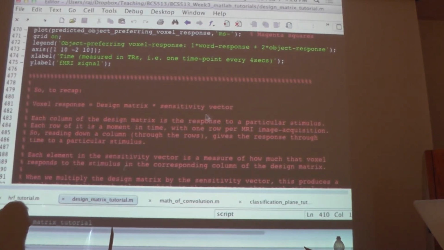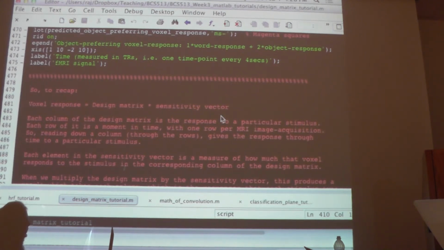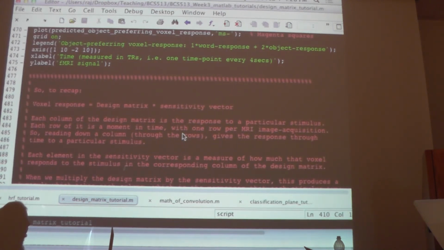I've got my sensitivity vector. Now this is going to be the thing that we're going to estimate, instead of imagining we had a voxel that had sensitivity 1 to words and sensitivity 2 to objects. So the predicted response equals the design matrix times whatever the degree of sensitivity of the voxel is to these different conditions. Okay, so how do we run this backwards?